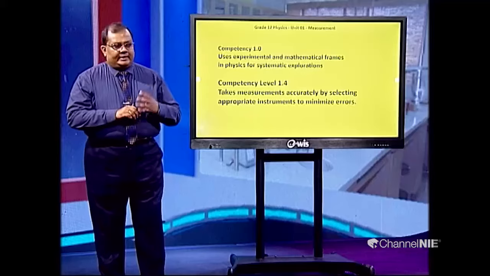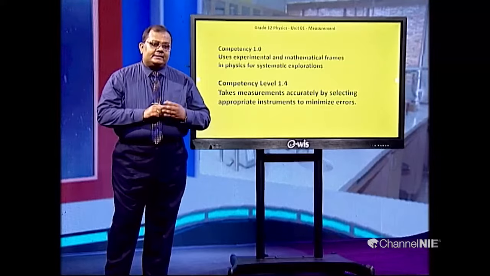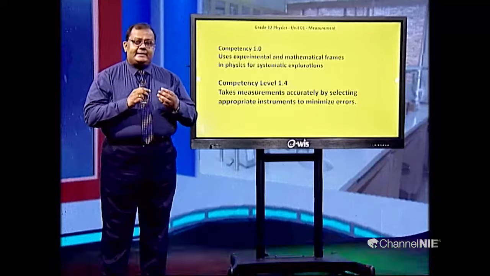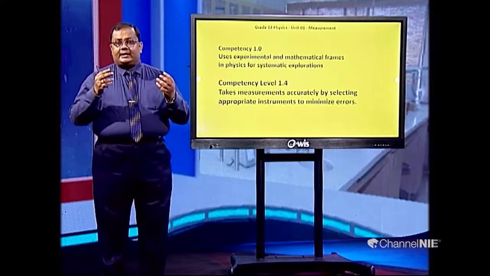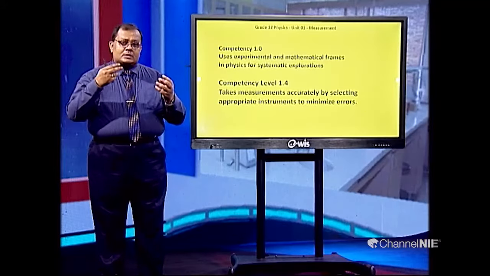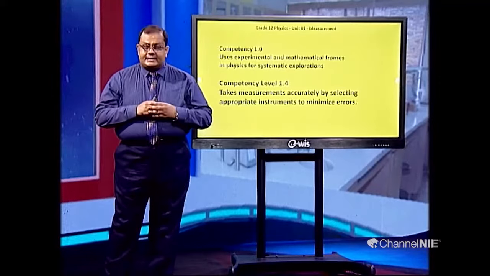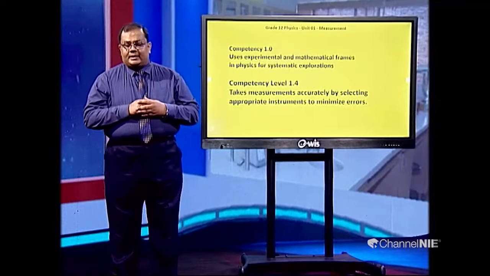Actually, we can use the traveling microscope to measure the internal diameter of a capillary tube because we don't have another instrument to find it, because we can't put those jaws into the capillary tube. Therefore, definitely we need this instrument.